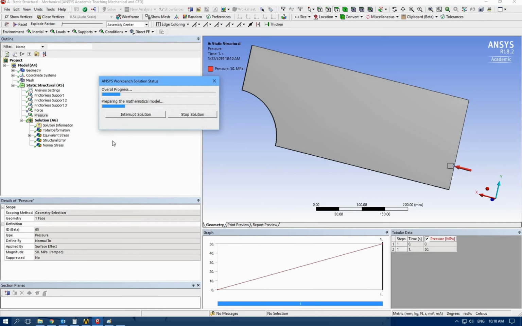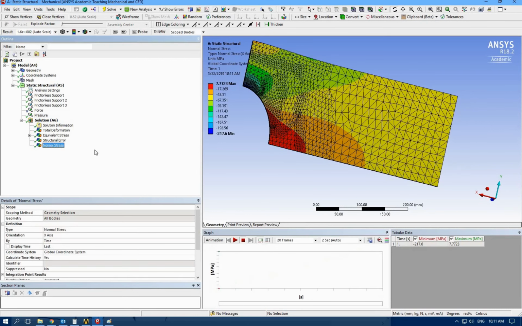As you can see, I made a mistake for the previous one because I checked equivalent stress, not normal stress, and equivalent stress always shows me the positive number. That is why I'm using normal stress this time, to know what is the direction, whether I have positive or negative stress. Yeah, so the first one was negative 217 and the second one was positive 217.